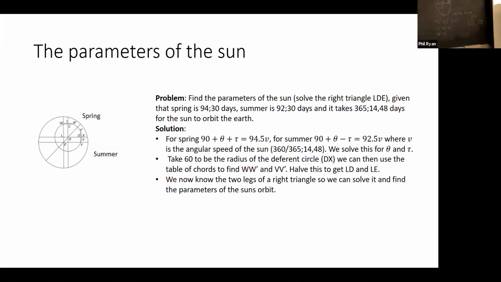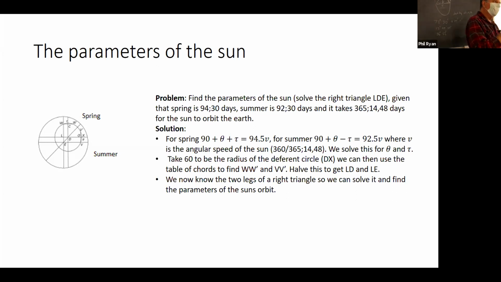Well, the reason why the deferent circle came up was because the seasons are of different length. They're not perfectly the same length. So spring is 94.5 days, summer is 92.5 days. And we know that it takes around 365.24 days for the sun to orbit the Earth.